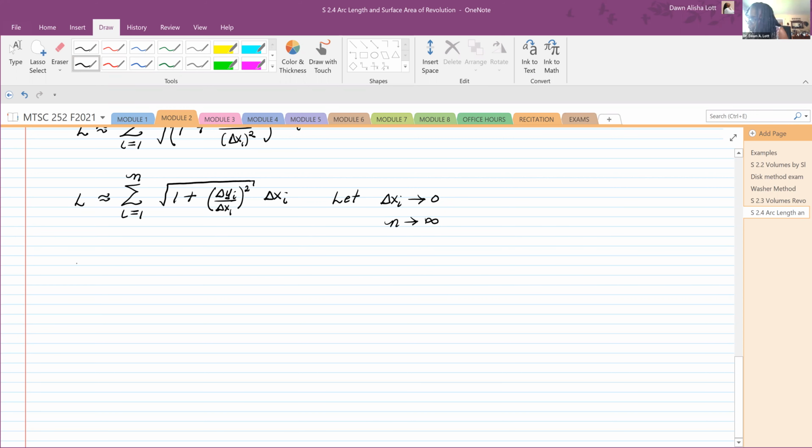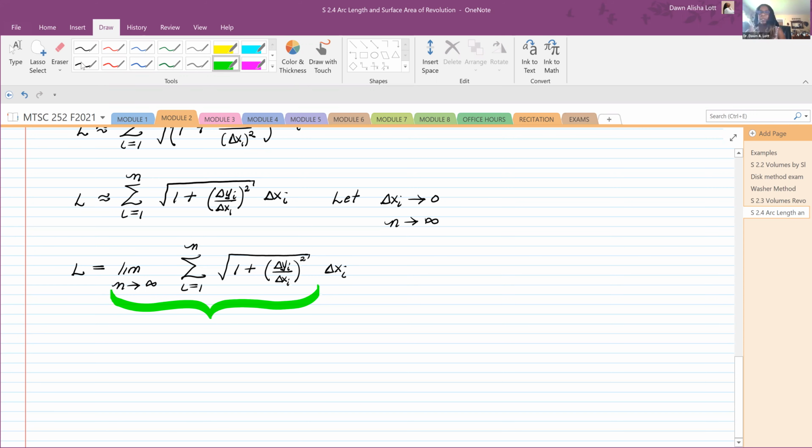So L equals the limit as n goes to infinity of the sum, i equals 1 to n, of the square root of 1 plus delta yi over delta xi squared times delta xi. And this is calculus.